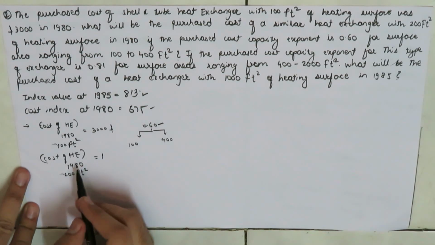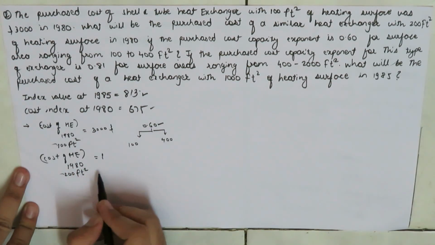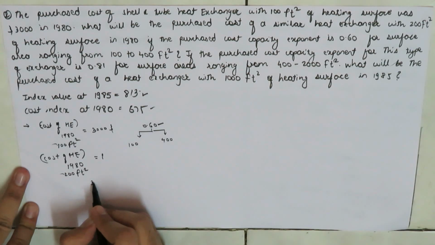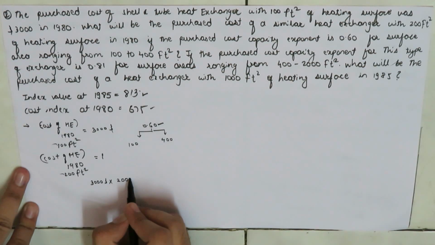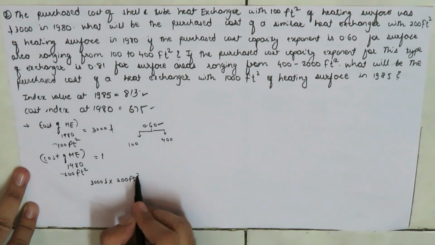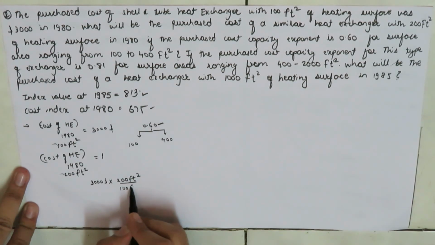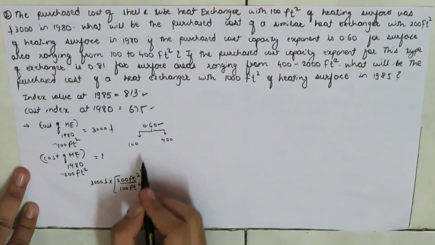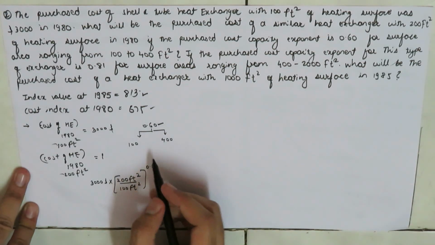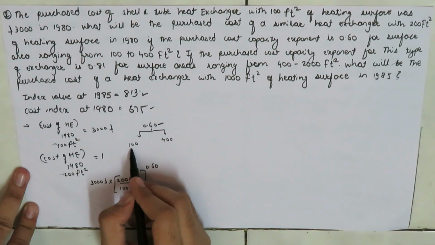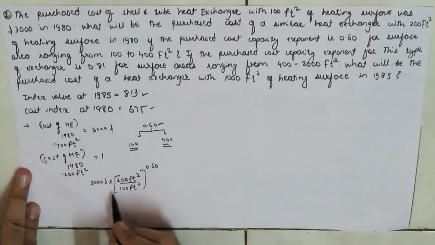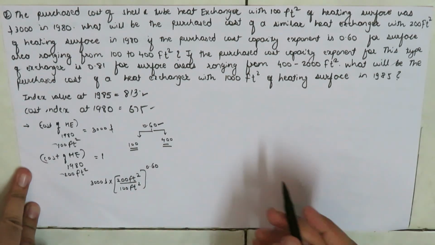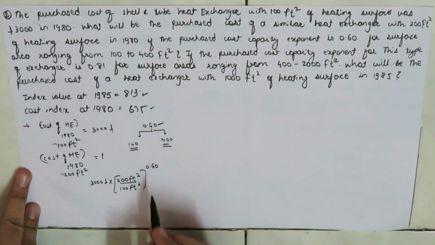Here we have $3,000 times the capacity at present, 200 feet square, that is the surface area, divided by 100 feet square, to the power of our exponent 0.60. The range of this exponent is from 100 feet square to 400 feet square, and here we are dealing with 100 feet square to 200 feet square, so we can make use of this exponent.